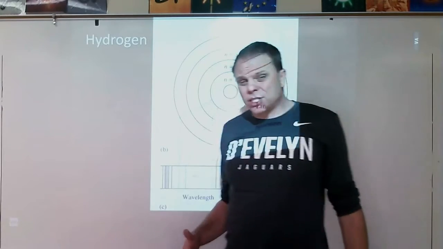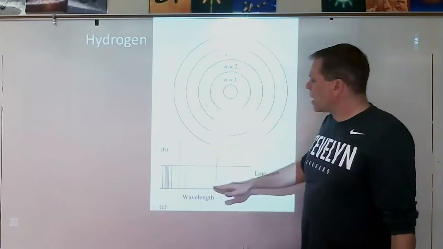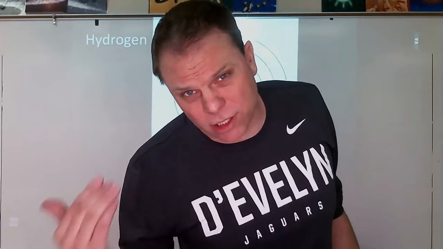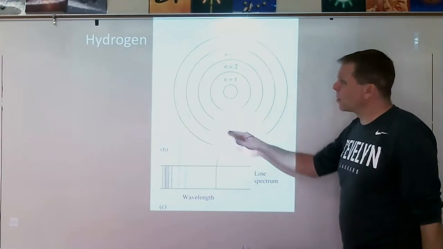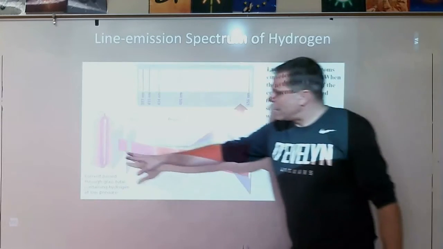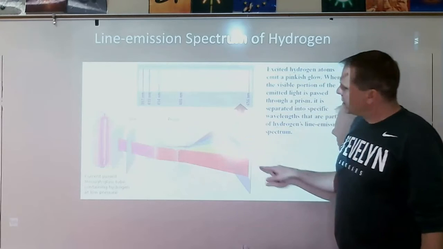So the further it jumps back down, the higher the energy frequency is of the light that it gives off. Blue light has a higher frequency than green. Green is a higher frequency than red. These different colors that we get are from the different energy levels of the different electrons jumping different distances, okay? So that's how you get that, right? So when the light's being given off, it goes through the prism and it makes these lines.